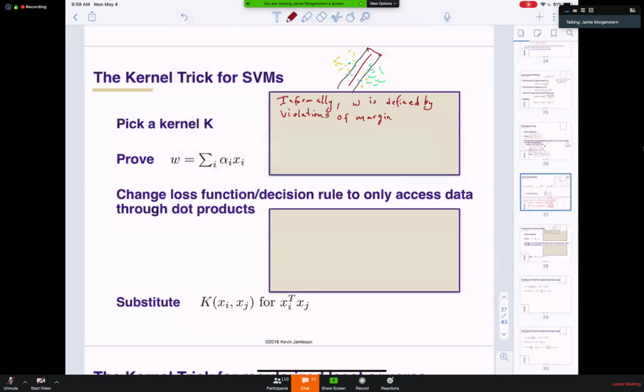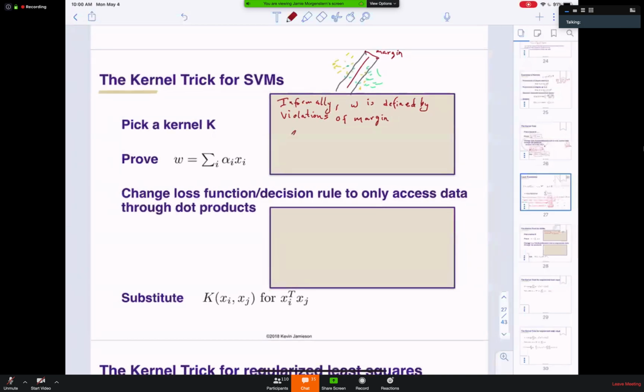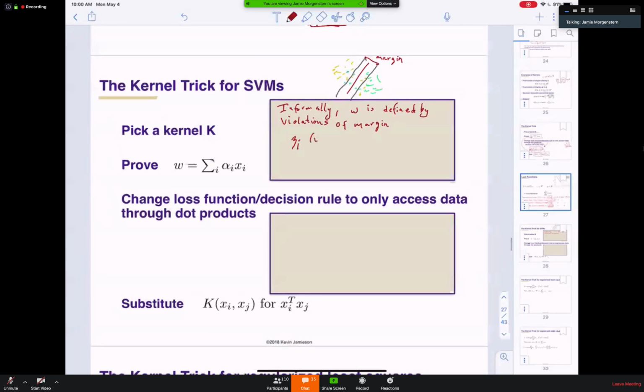These are the only points that actually are affecting the loss function directly when we're thinking about W. And they're affecting the loss of W as a function of how much the margin constraint is violated. So you can think about the C's, the violation.